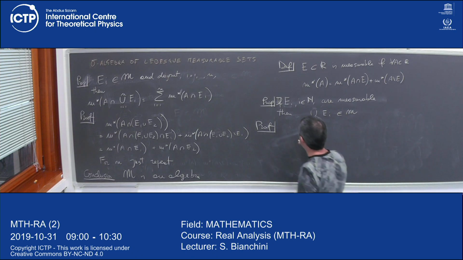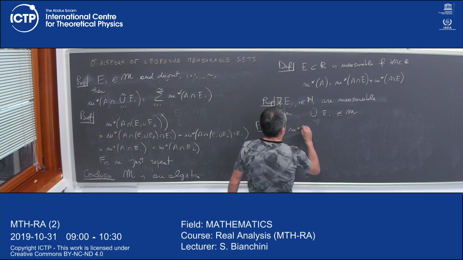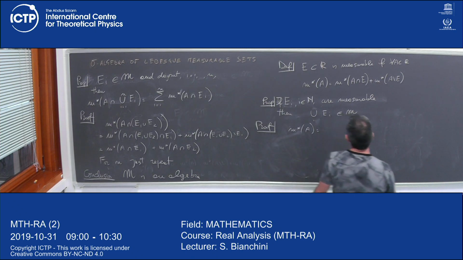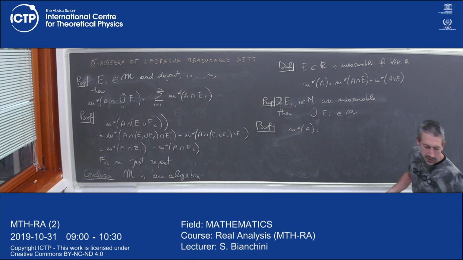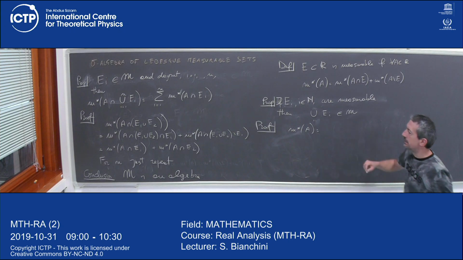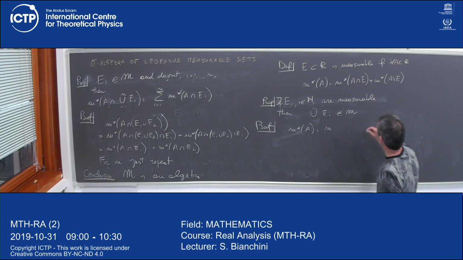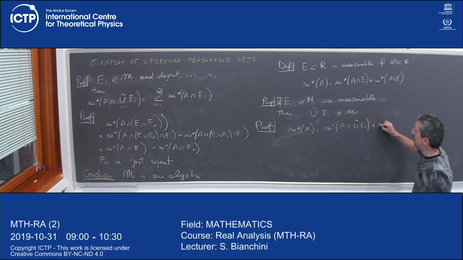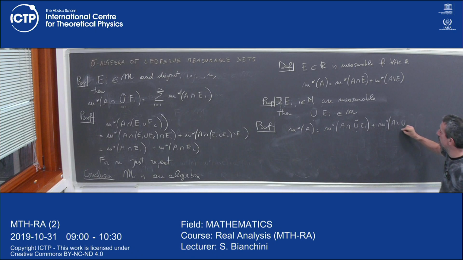Okay. Well, the thing is always the same. M star of A is equal to, okay, I take finitely many. So for all n it is M star of A intersection the union up to n of Ei, plus M star of A minus the union of Ei.